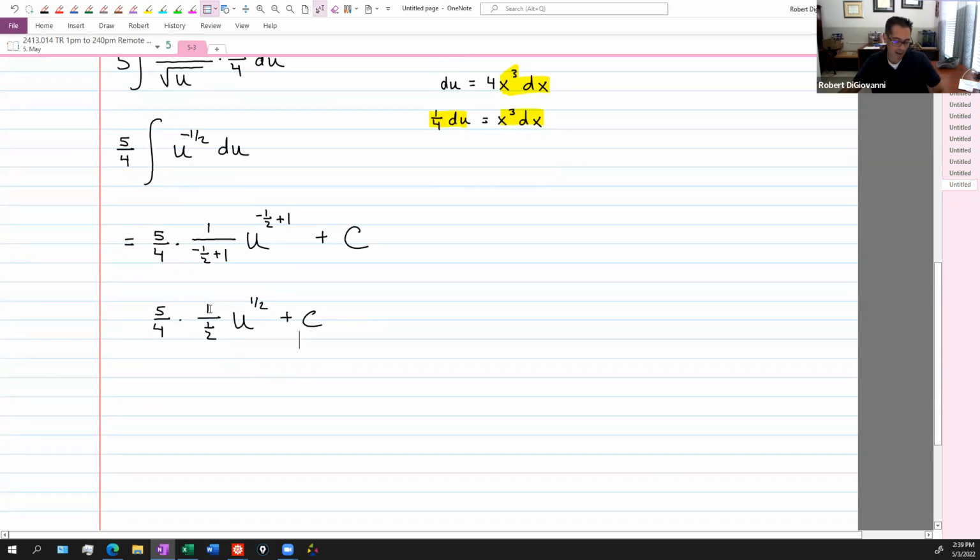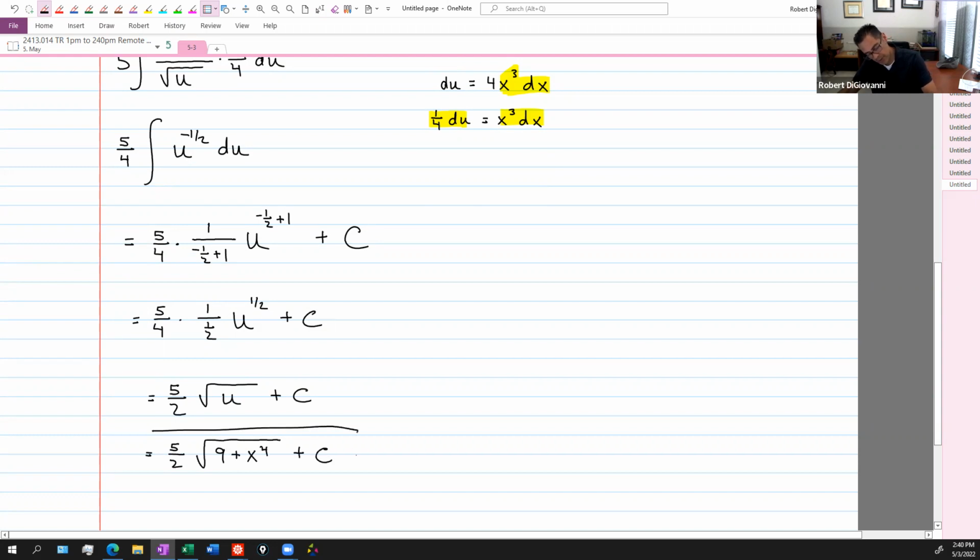And then I can pop that up as a 2 and it'll reduce out. You should get 5/2 u to the 1/2, which is the same as the square root of u, plus c. And this is 5/2 square root of u, but u was 9 plus x to the 4th, plus c. There it is. That's your antiderivative.